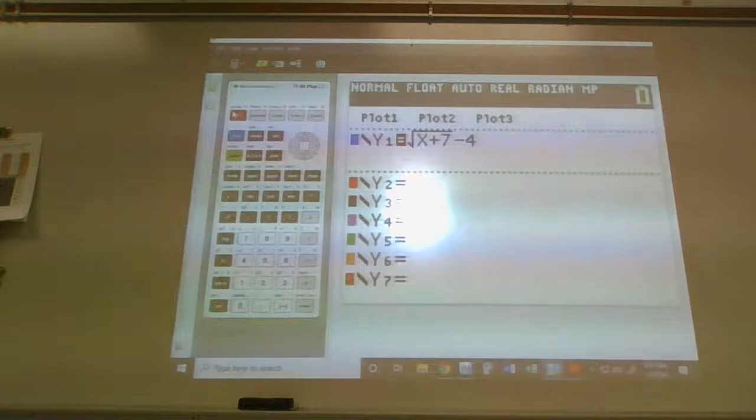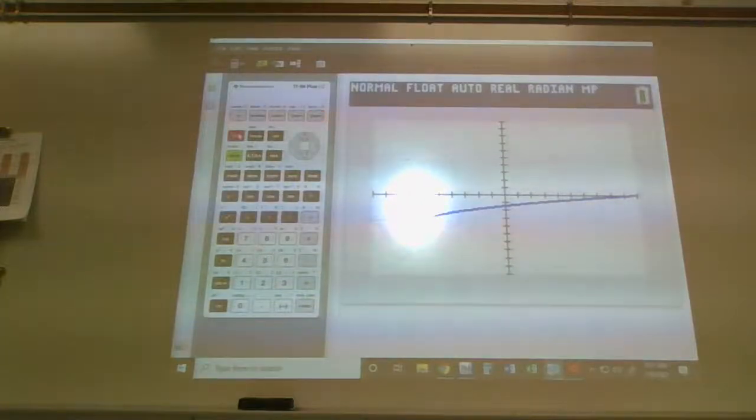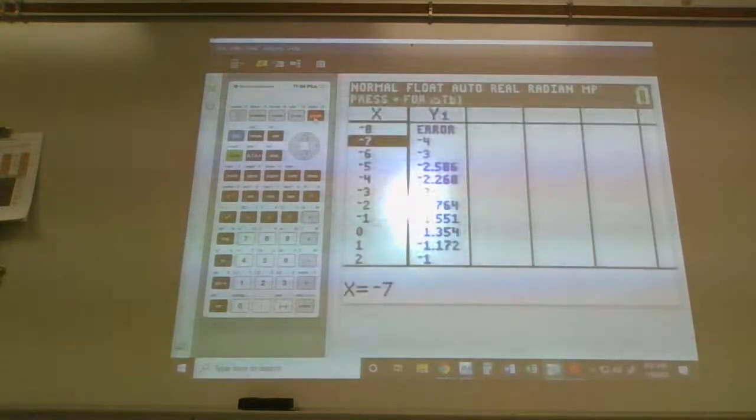Y equals will take you here, where you got to type in the equation. But second graph will take you to the table of values. I hope that worked.